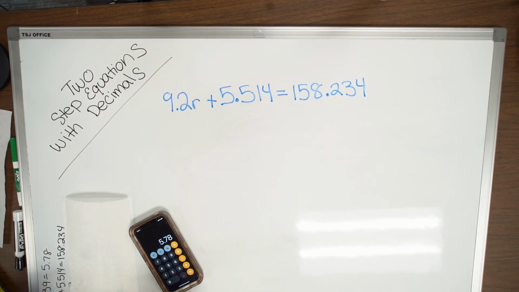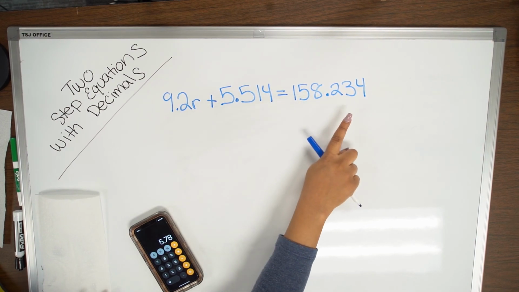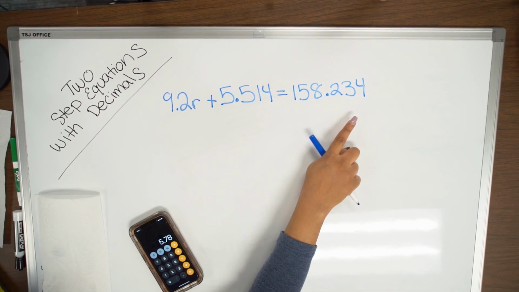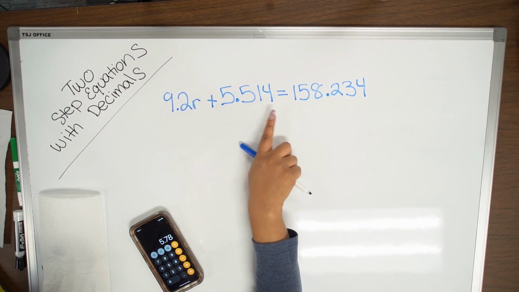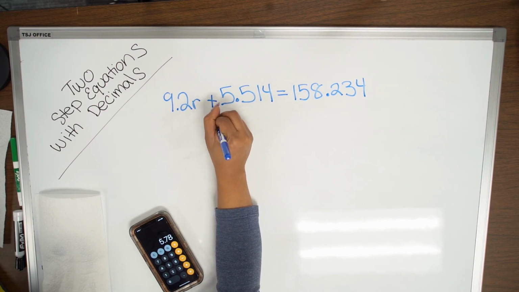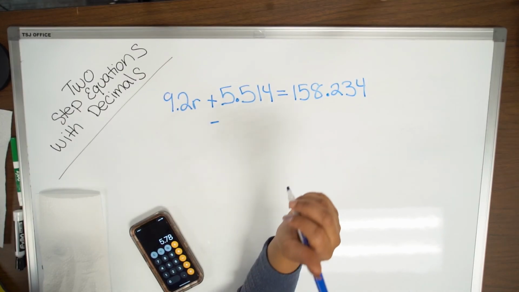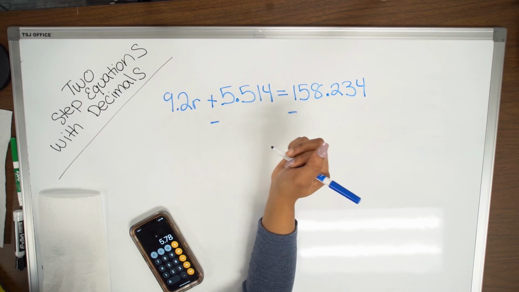Okay, so remember, we need to get all the variables on one side and all of the numbers on the other side of the equal sign. So that's what we're going to do. This is just numbers, so we're going to move this over. This is plus, so the opposite of plus is minus, because that's what we have to do to cancel that out. What you do to one side of the equal sign, you have to do to the other.